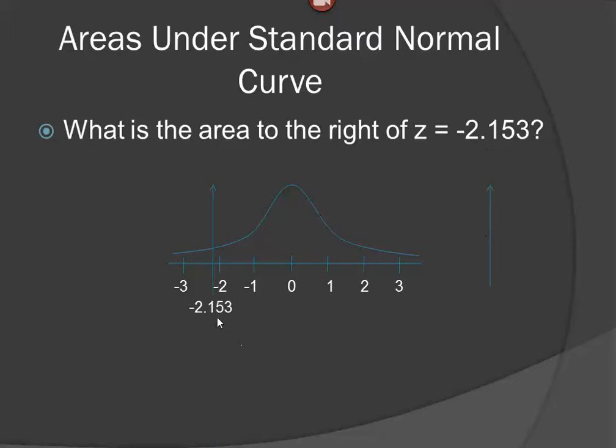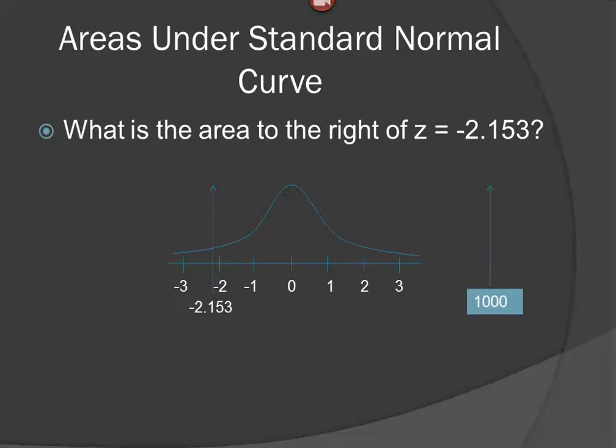The negative 2.153 is a value that's to the left of 0 because it's negative. You'll notice all the numbers over here are negative. And we want to know its area to the right. So now it's the upper boundary that is unbounded, so we have to pick a number to put in there.